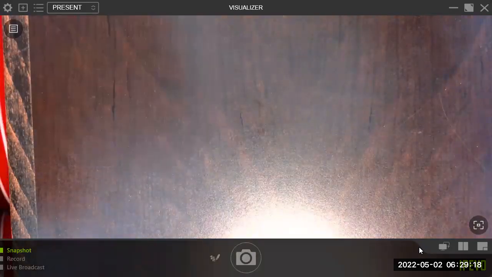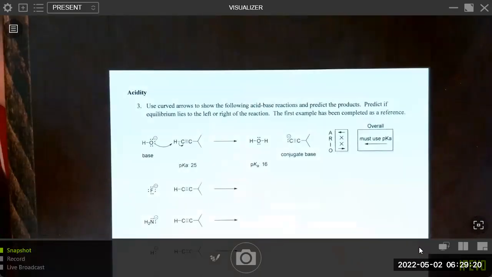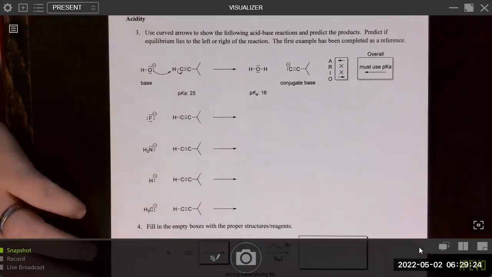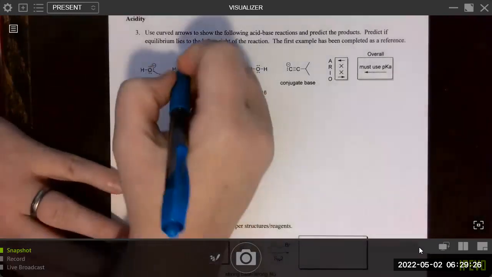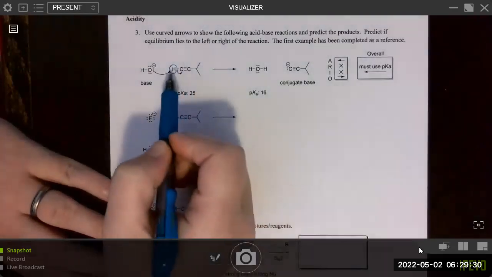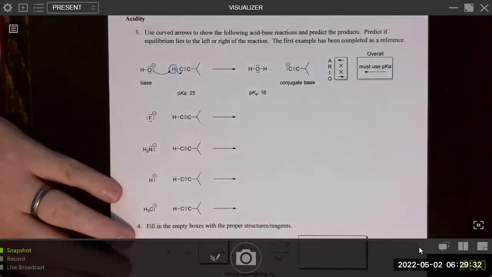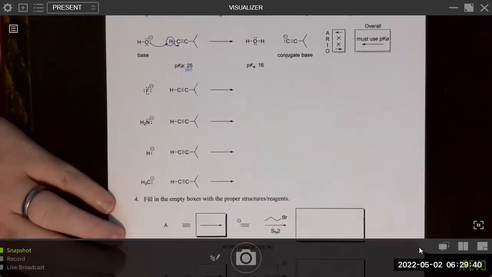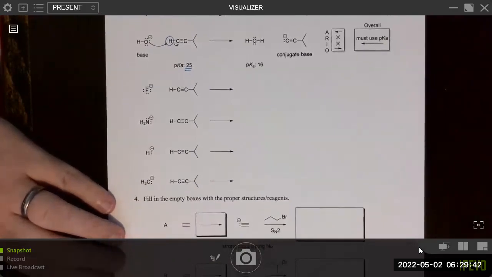For more practice with nomenclature, practice with problems in the book. Let's go ahead and start looking at acidity. We talked about in lecture the fact that this proton attached to an sp hybridized carbon is fairly acidic, right? pKa of 25. However, fairly acidic means it's acidic for a hydrocarbon, but not really acidic.